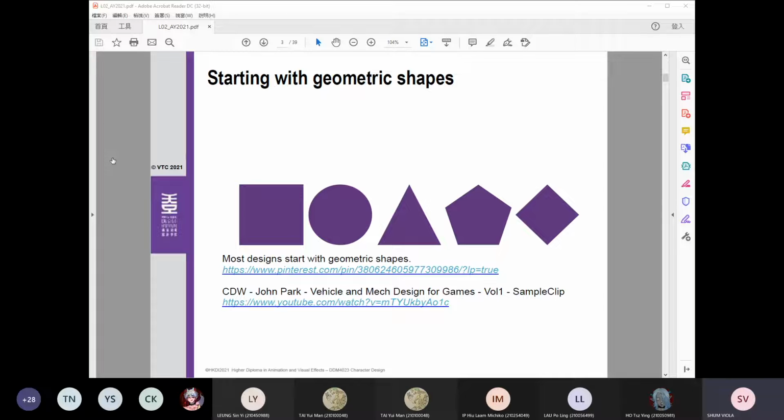Okay, so you can start with the square shapes and think of these different combinations or different proportions or different placements of your objects, or you can also mix the shapes together. For example, maybe you can mix the circle shapes and also the triangle shapes together and see which shape is the best. And then you can further add the detail in these shapes.